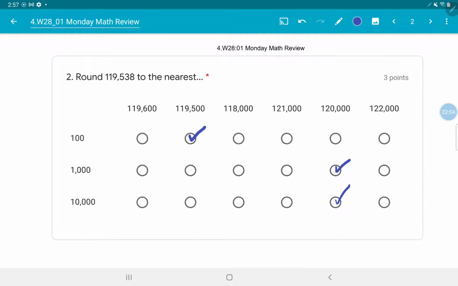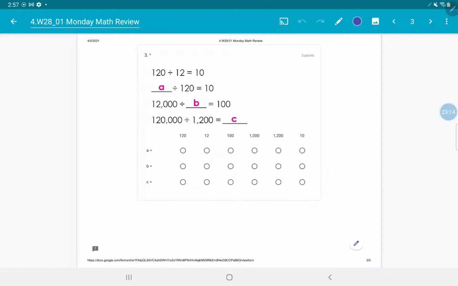That 9, since the 5's telling it to go up, the next 1,000 is 120,000. And that's the same with the 10,000s. That 9 tells that 10,000 to go up. All right. Let's go on to this next one.